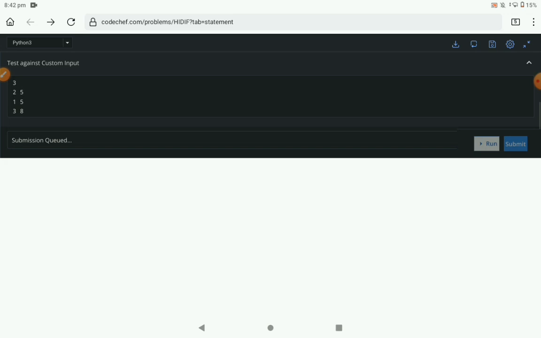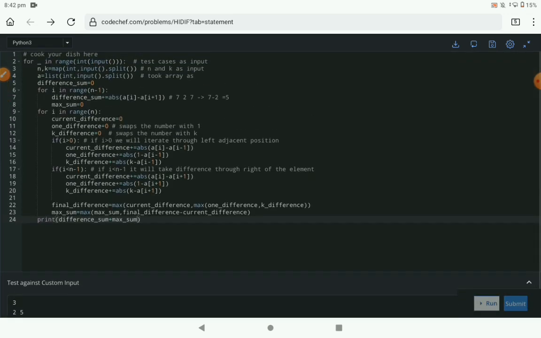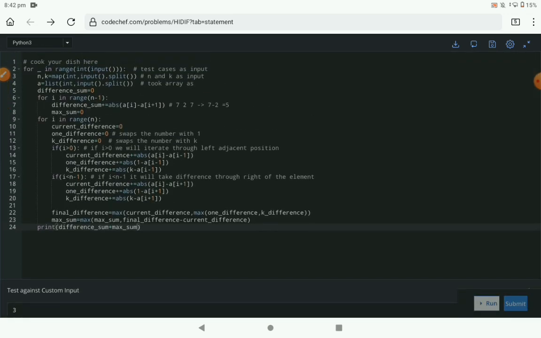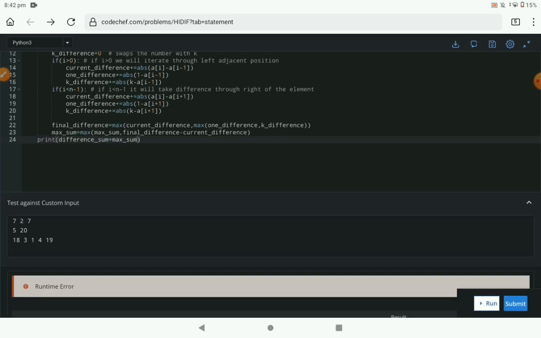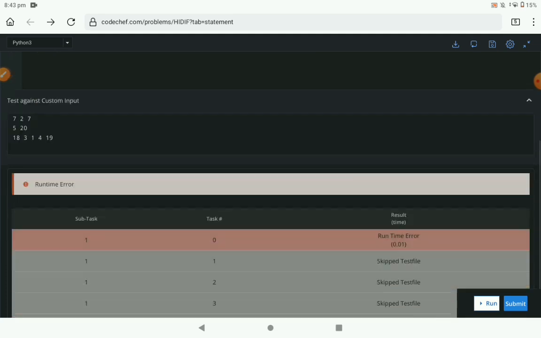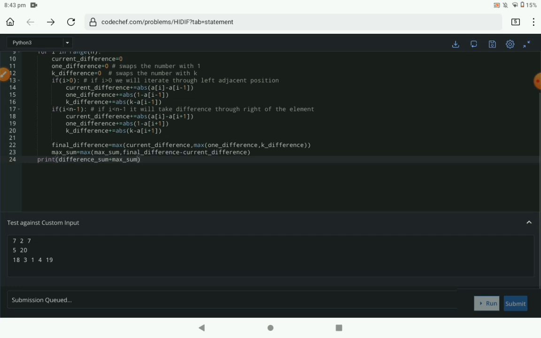Okay, so now let's submit the code. Basically, it's giving some runtime error. Let's try to resolve it.